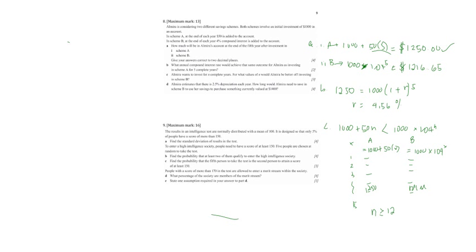For letter D, Almira estimates that there is a 2.5% depreciation each year. How long would Almira need to save in scheme B to use her savings to purchase something currently valued at $1,400? So the depreciation rate is 2.5, and the interest begins at 4.